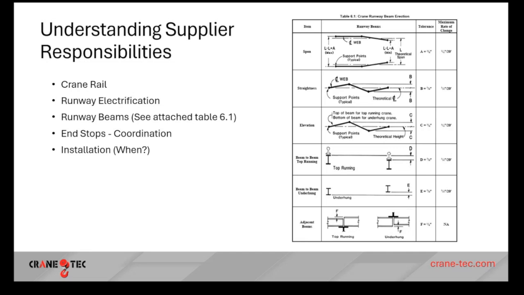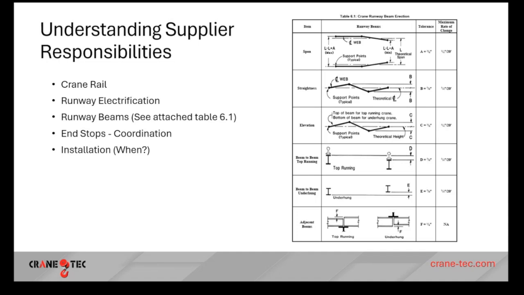But that also brings up something that we run into not very often. The crane has 4-bar electrification up at the runway, but it's the responsibility of the general contractor and the electrician to run conduit to a disconnect and then run from that disconnect conduit up to those 4 bars of electrification.